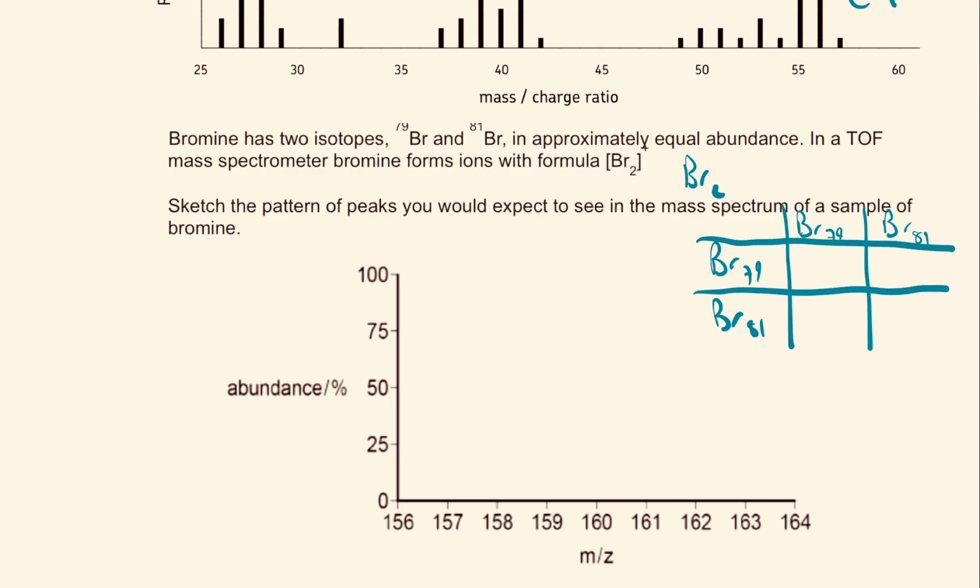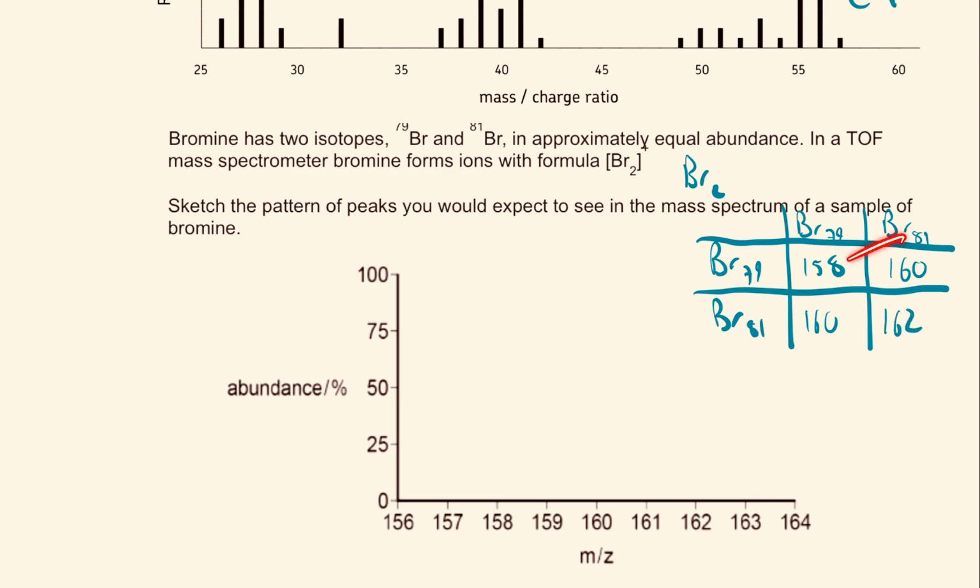We can sort of add these up. So 79 plus 79, 158. 79 plus 81, 160. 79 plus 81, 160. And then 81 plus 81 gets us to 162.